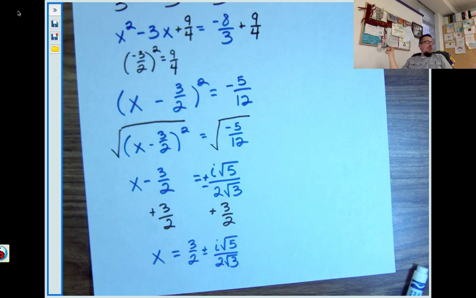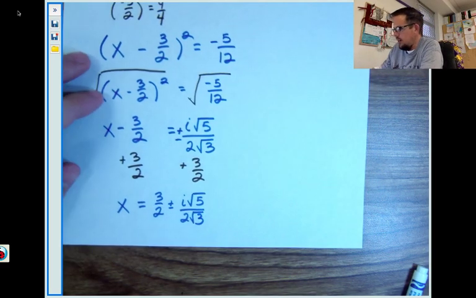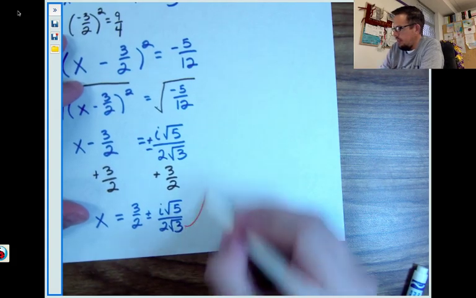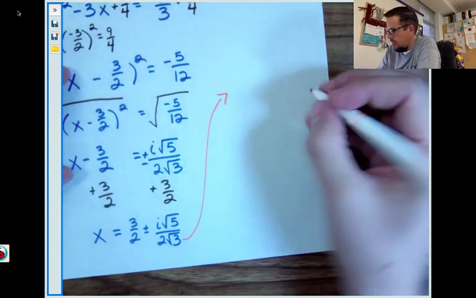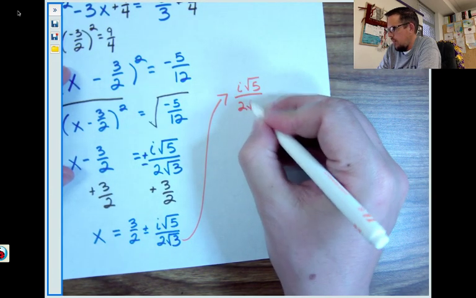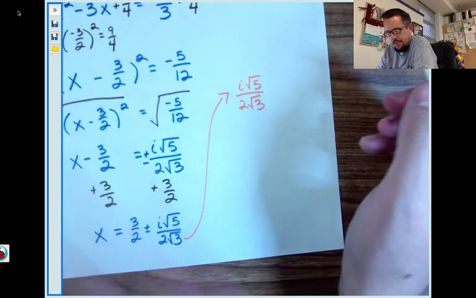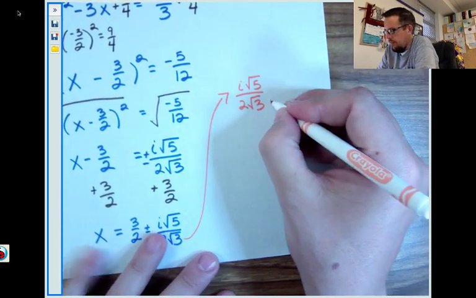Our answer has a square root in the denominator. So let's take this thing and come over here and rationalize it. i root 5 over 2 root 3. What do we have to multiply by to make that go away? Square root 3.